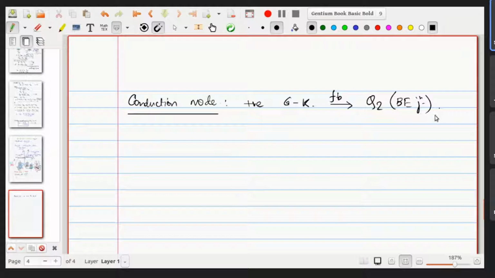Base emitter of Q2. Okay, so that is going to cause a base current IB2 to flow.